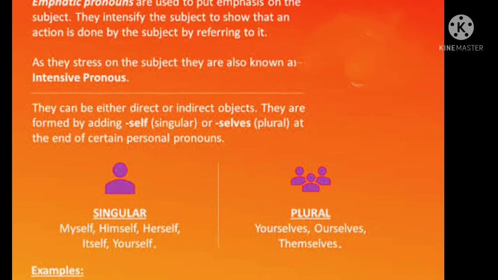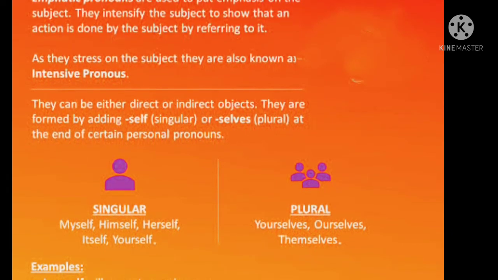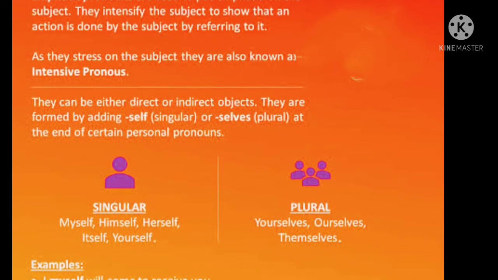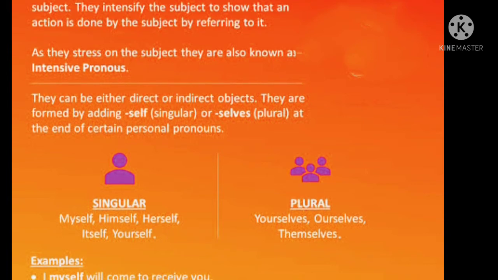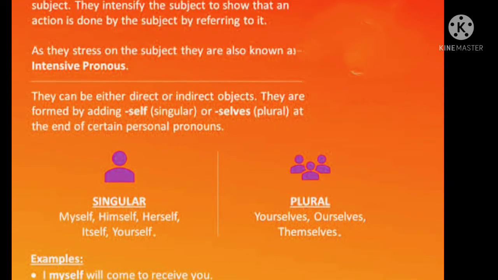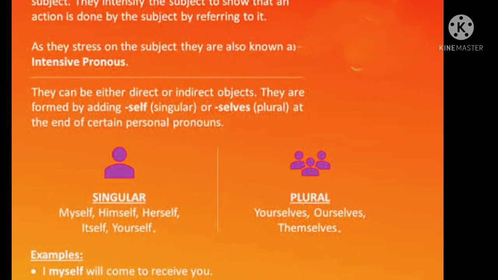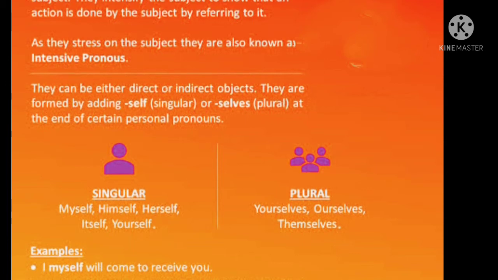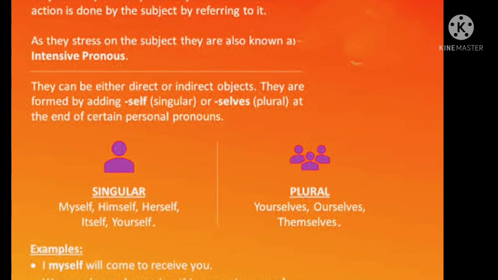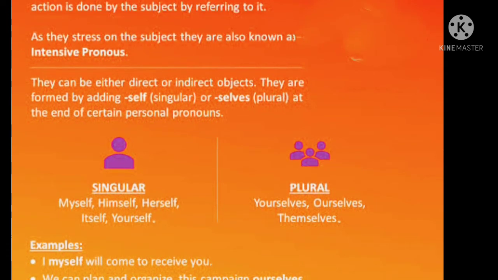Whereas in plural form we have yourselves, ourselves and themselves as examples of emphatic or intensive pronouns. Here, in one of the examples: I myself will come to receive you. Students, you can notice the word myself is putting an emphasis on the pronoun I.